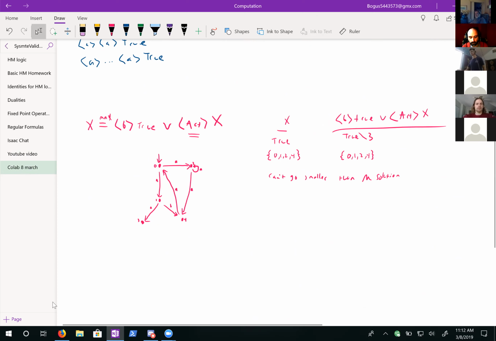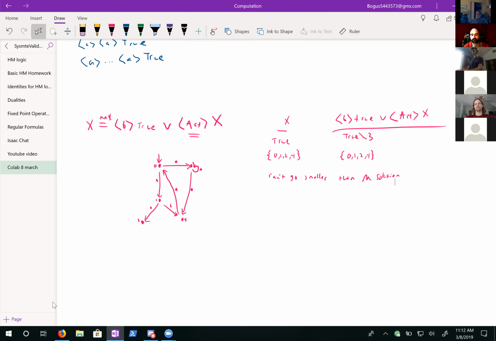But if these are dual definitions, they must work in the same way, right? You just have some set of elements that are included or excluded, right?